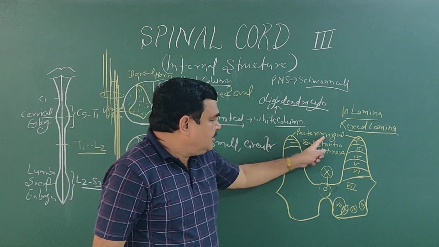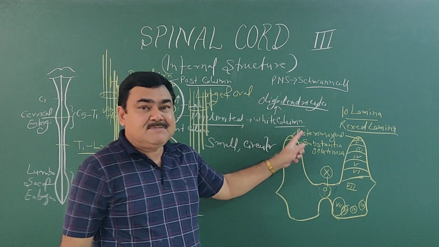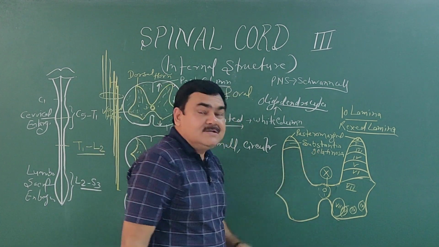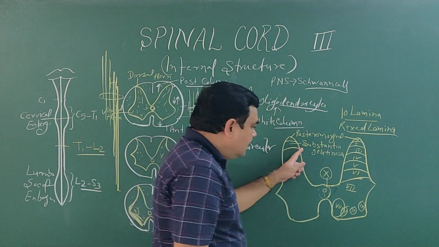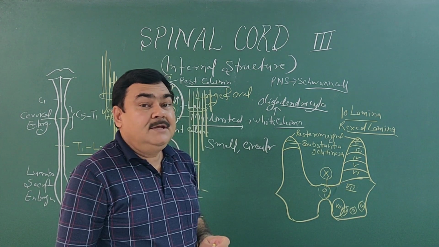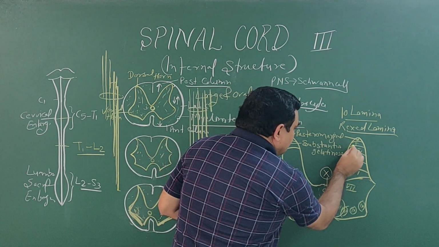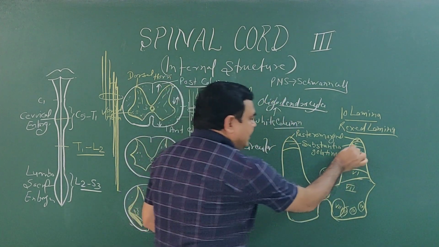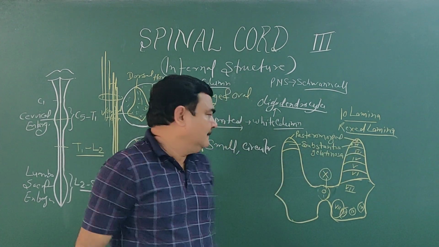This posterior marginal nucleus is the relay station of fast pain, like a pin prick. And the substantia gelatinosa is the station of modification of pain and temperature. This nucleus corresponds with lamina 2.